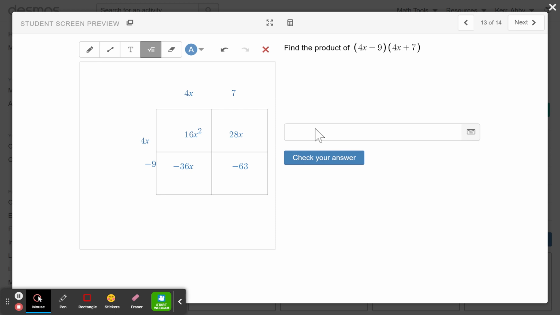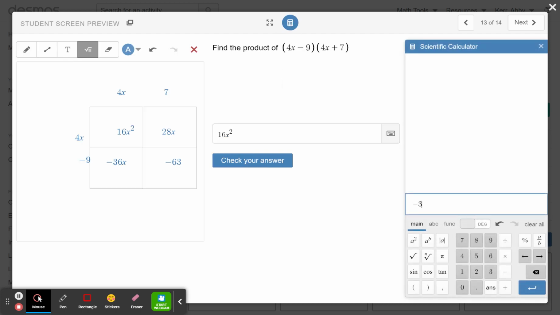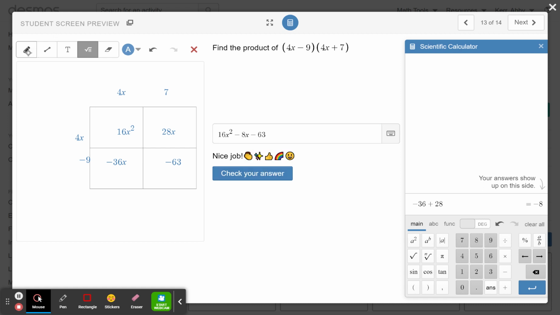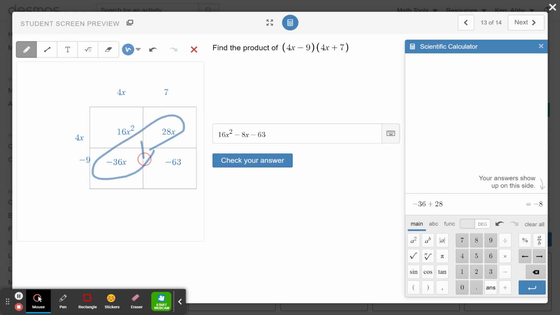So the only like terms here are our diagonals. That gets us negative 8x, and then minus 63. Remember, the only work that we need to see is either in the calculator or you show us right there.